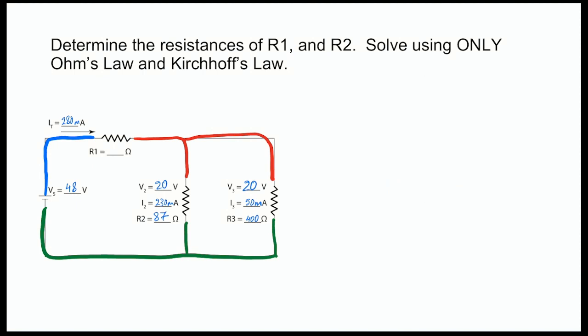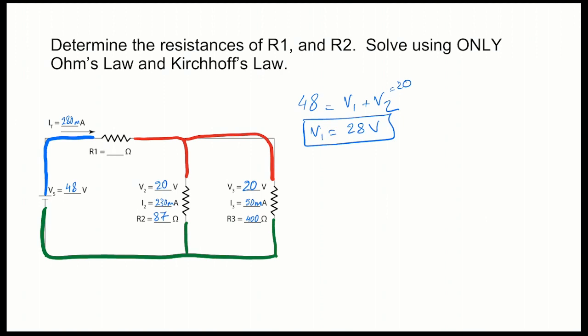According to Kirchhoff's law, in this loop here, we have the 48 volts generated as EMF, electromotive force, and it has to be consumed by R1 and R2, meaning that our 48 volts has to be equal to V1 plus V2. We do know V2 equals 20. That's something we calculated. So V1 is going to be equal to 28 volts.